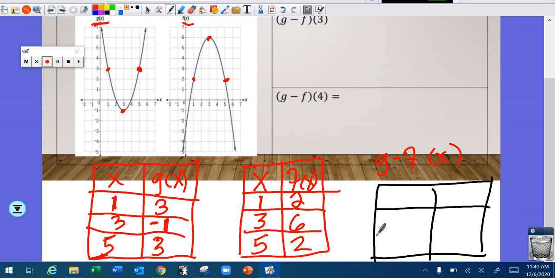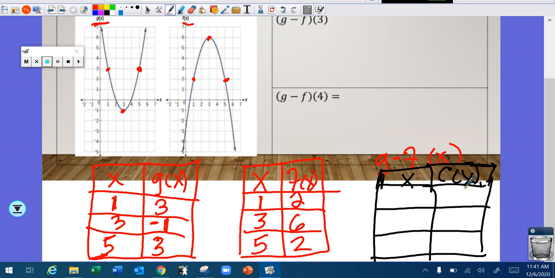So when I go to do my subtraction, I'm going to call this f, and this is going to be g minus f, we can rename that, and we can call it c. c of x, or you can call it g minus f of x. You can call it that if you want to. I'm just going to call it c, so I'm not writing all those letters.